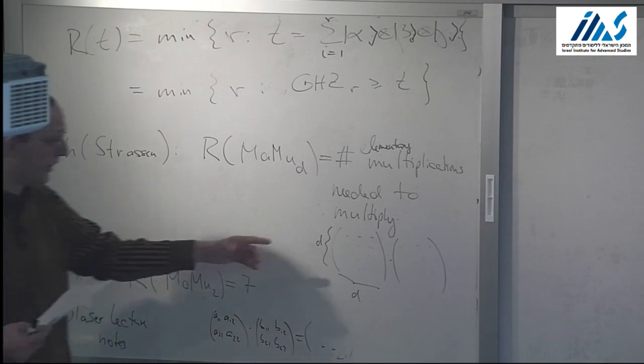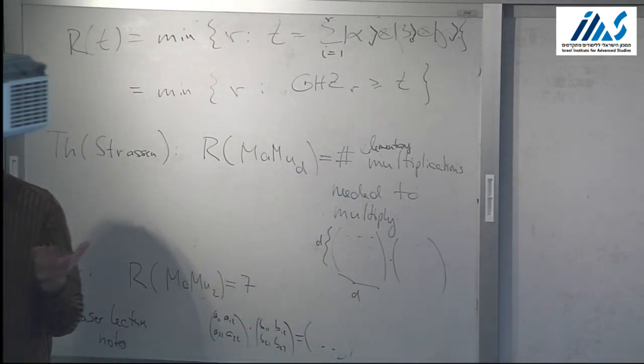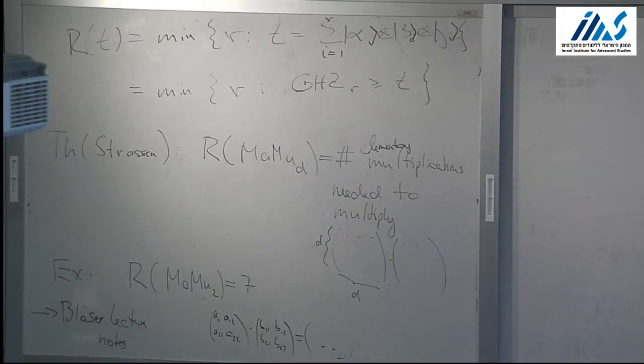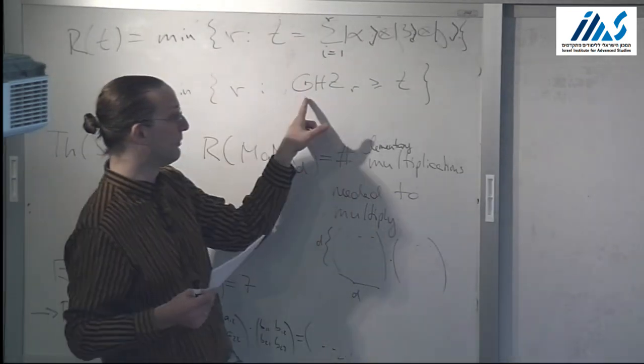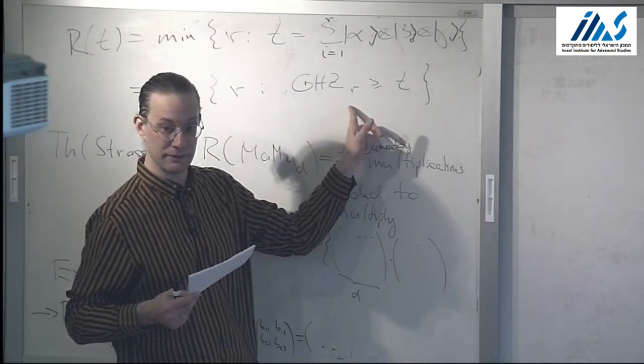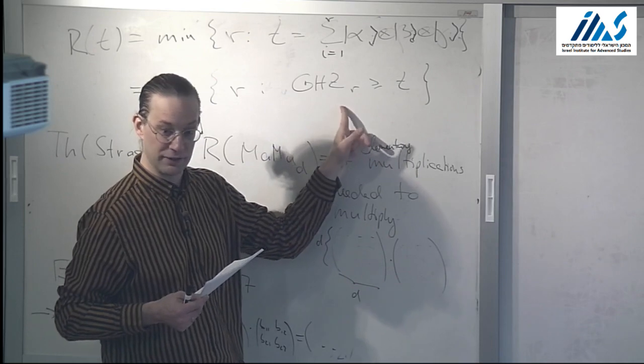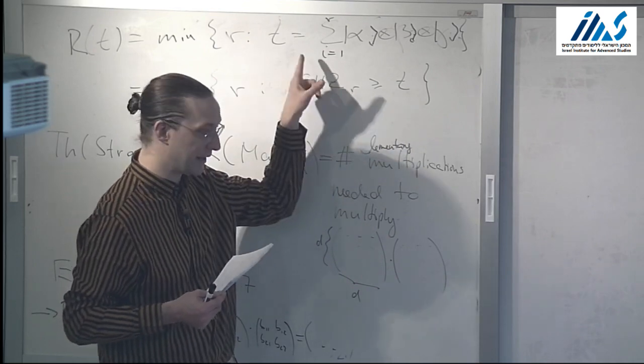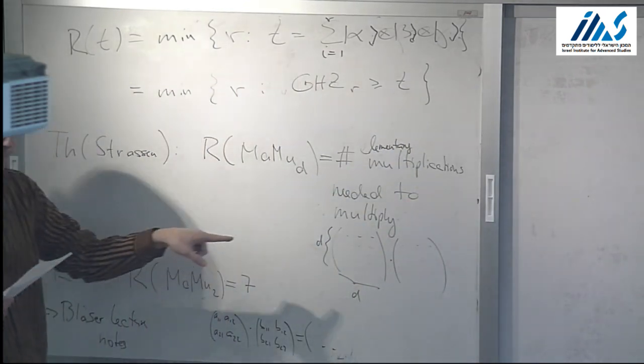But for us, it just means that if we want to understand the complexity of matrix multiplication, we can just look at the rank of this tensor. And by virtue of the rank being formulated with the help of restriction, we can just study restriction. We're going to study rank in order to study complexity.